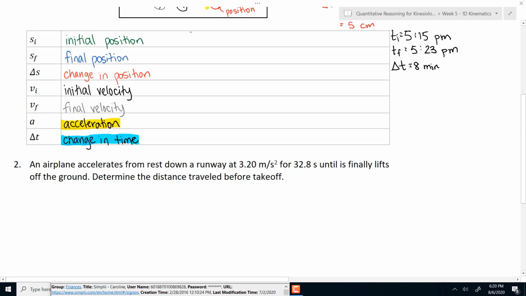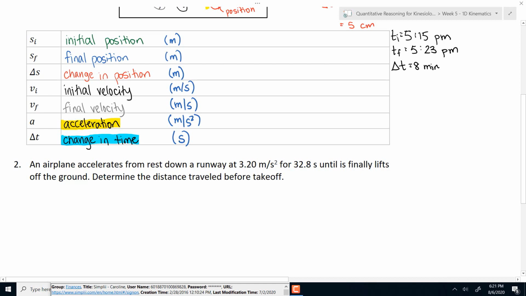So position, SI unit would be meters, final position still meters, and change in position still meters. They're similar to distance. V initial, so that's our speed or our velocity, meters per second. V final, still meters per second. And now acceleration, meters per second squared, and time is just in seconds.